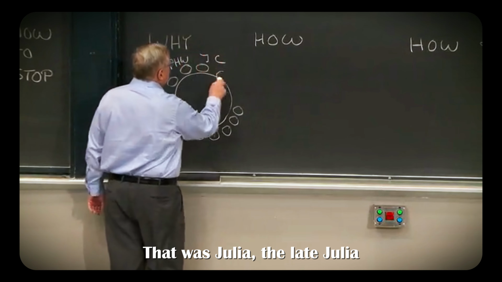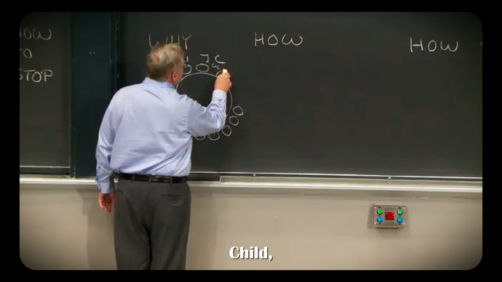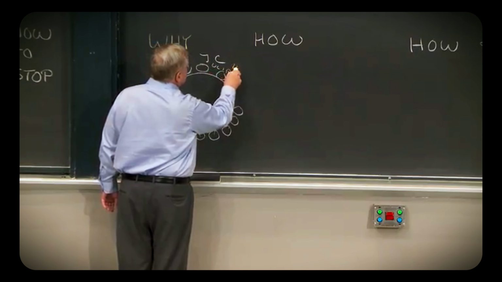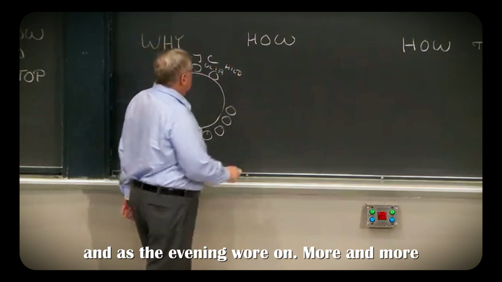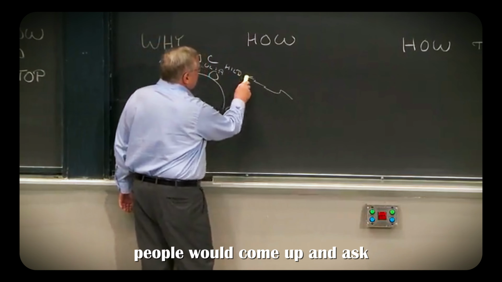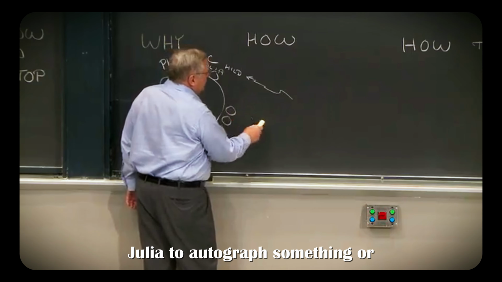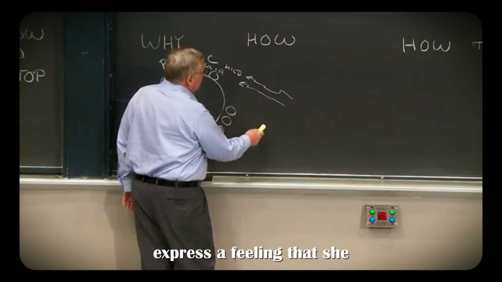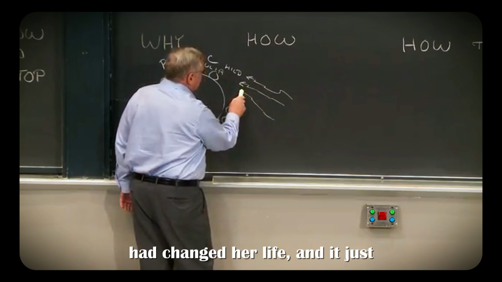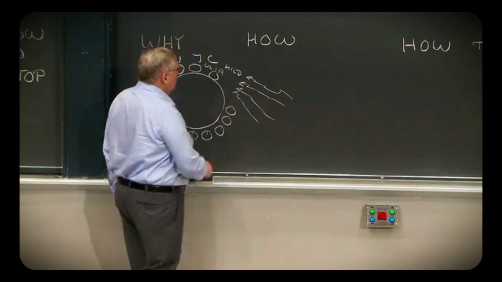That was Julia, the late Julia Child. And as the evening wore on, more and more people would come up and ask Julia to autograph something or express a feeling that she had changed their life, and it just happened over and over again.